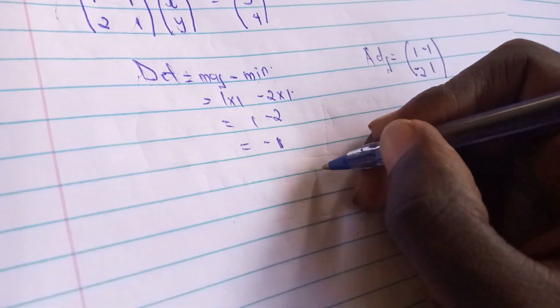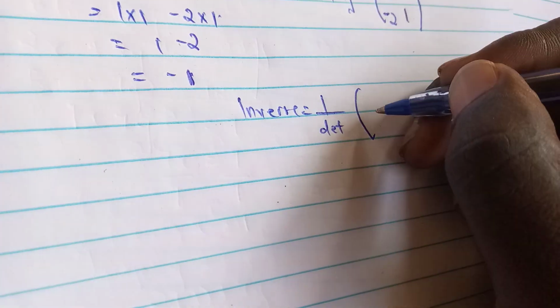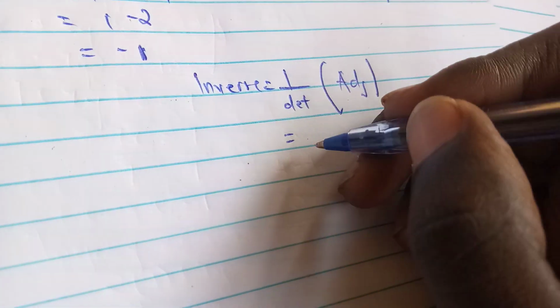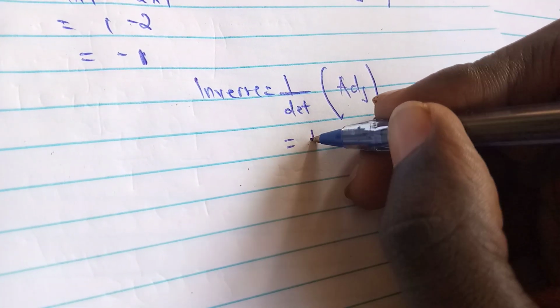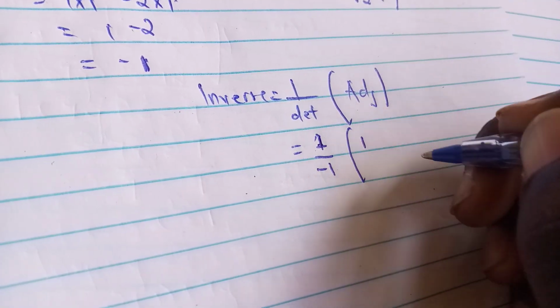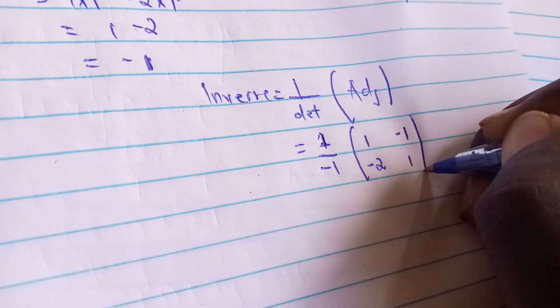So we get our inverse. Our inverse is got by 1 over the determinant times the adjoint. So what is 1 over determinant? It is 1 over negative 1 times our adjoint, which is 1, negative 2, negative 1, 1.